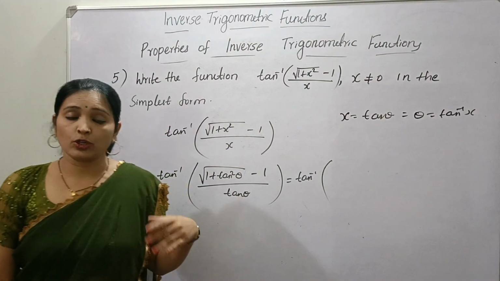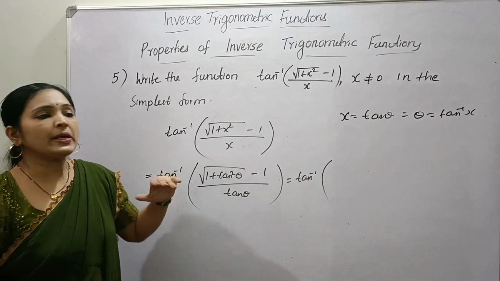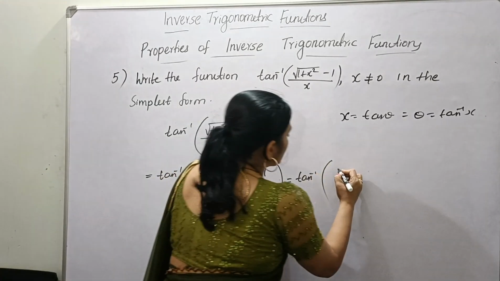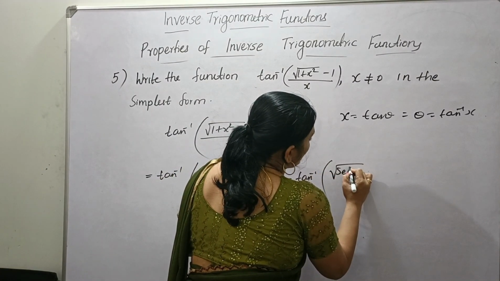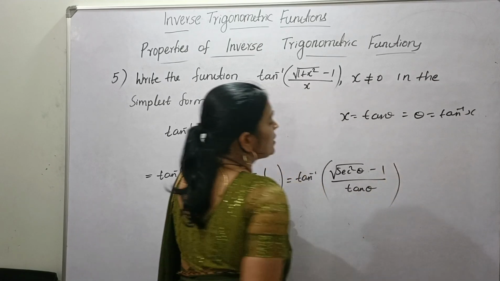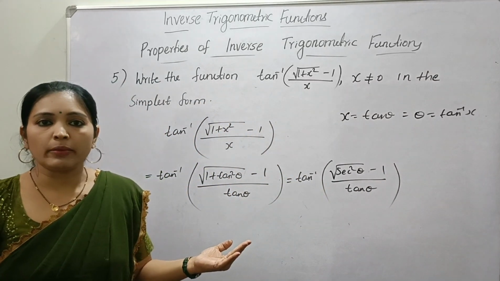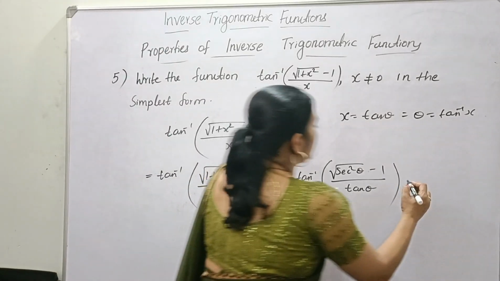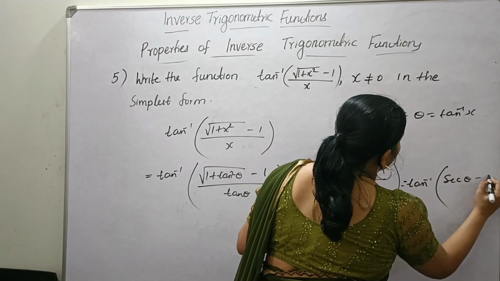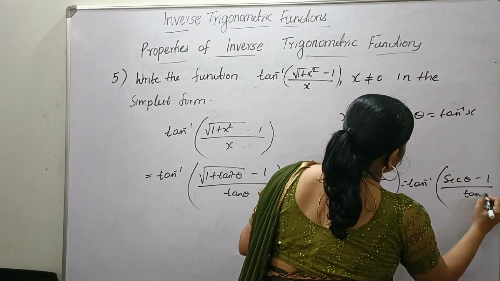That is the basic trigonometric identity. 1 plus tan square theta is nothing but sec square theta. So, square root of sec square theta minus 1 divided by tan theta. Square root of sec square theta is nothing but sec theta itself, right? That is tan inverse of sec theta minus 1 divided by tan theta.